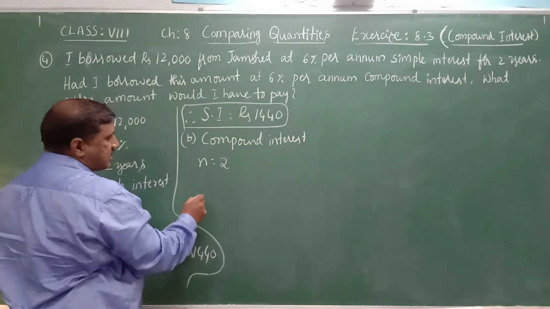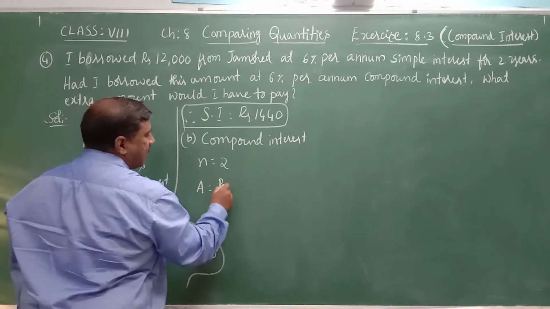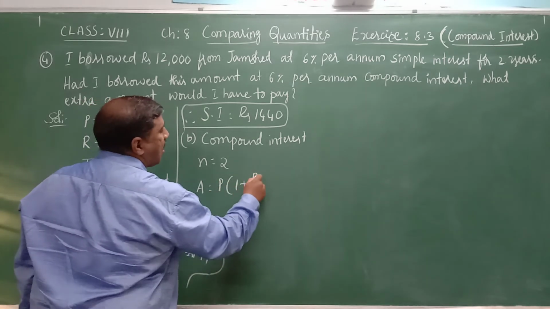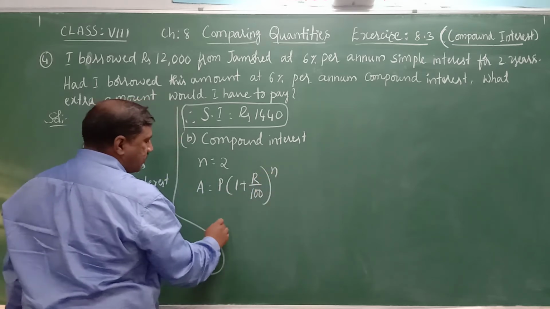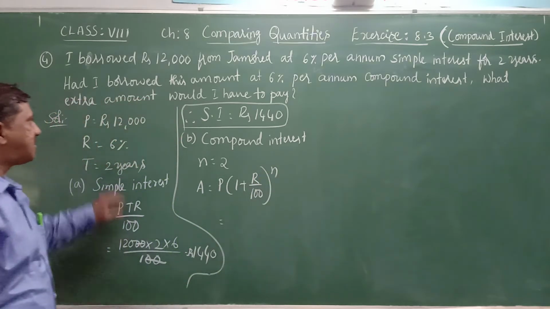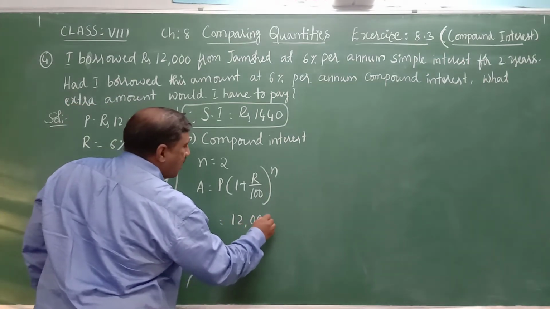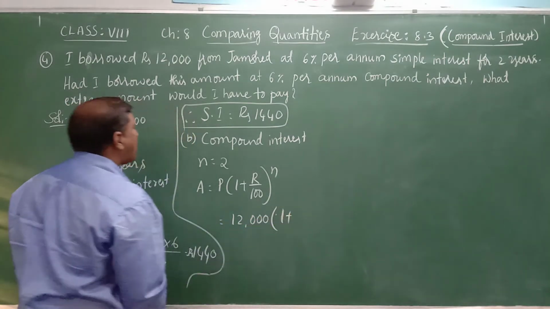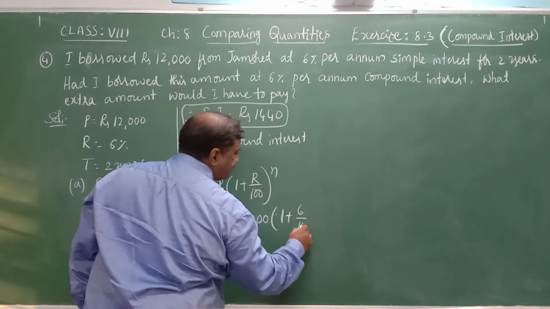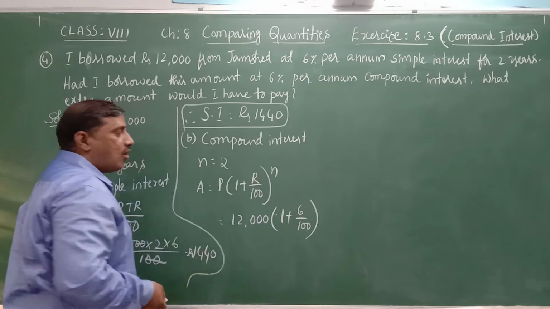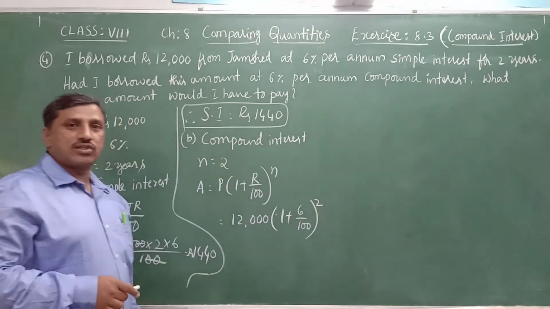Now the compound interest formula, that is the amount formula, A is equal to P into 1 plus R by 100 whole to the power of n. Now substitute those values. P is the principal, 12,000 rupees, into 1 plus R, the rate of interest 6, that is 6 by 100, whole to the power of n, which is 2.